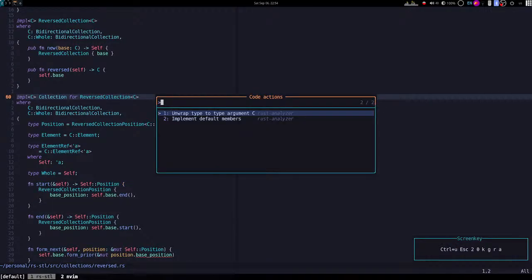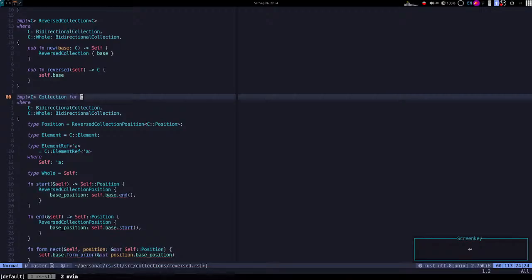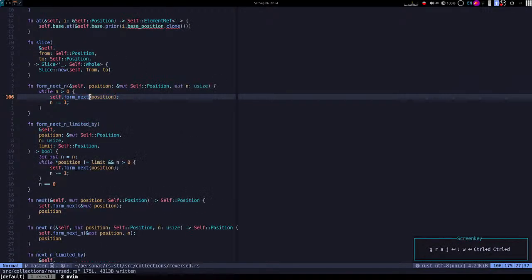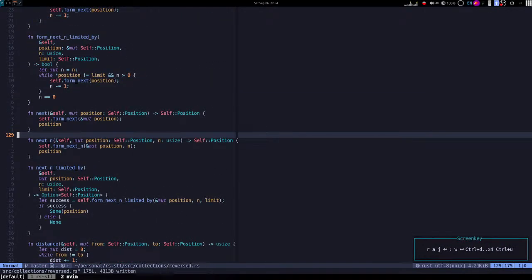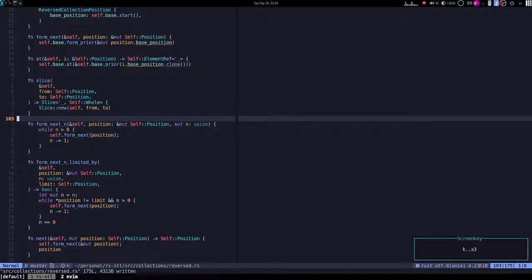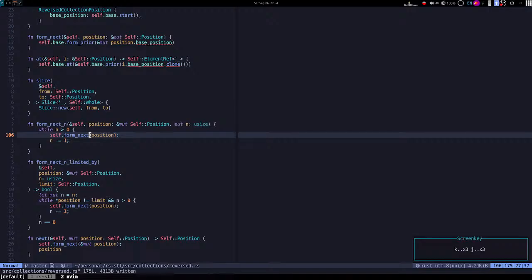So I have to implement unwrap type to type argument. See what is that? No. Implement default members is something I want to see. There are other things I have to implement. So for example, these are the default members that were implemented badly. So I would implement that, right? So how to implement that?